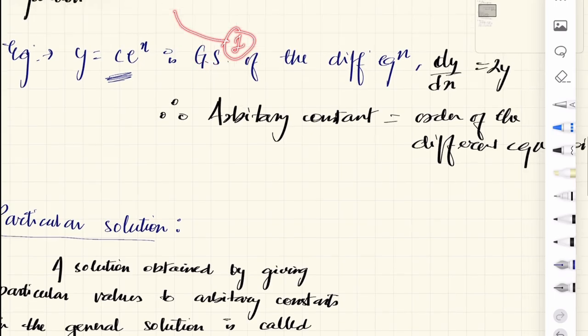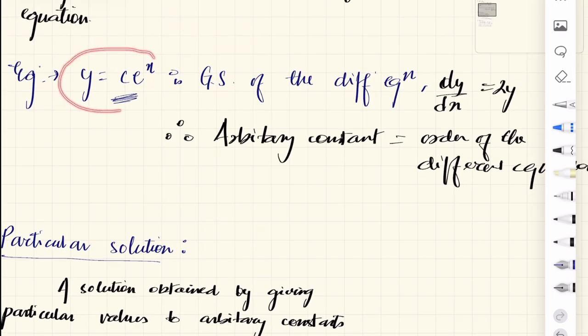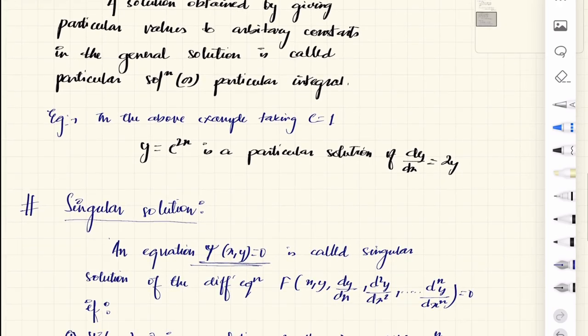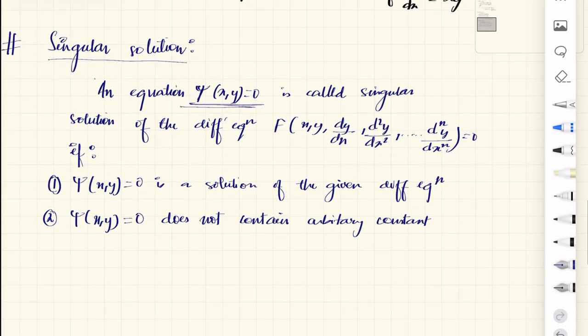Here also, what is the arbitrary constant? It is C. But they are saying that in this singular solution, there should not be any arbitrary constant. Don't worry, when you come to an example, you'll understand more properly. So this is the second criterion. The first criterion is we should check whether it's a solution or not. And second, the solution should not contain an arbitrary constant. Got it?